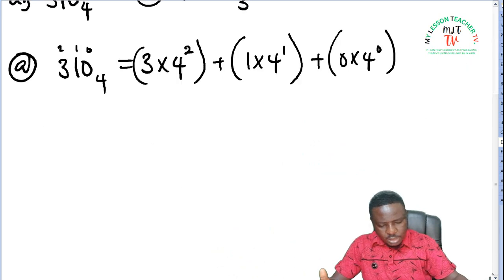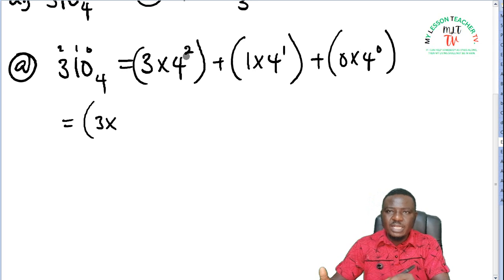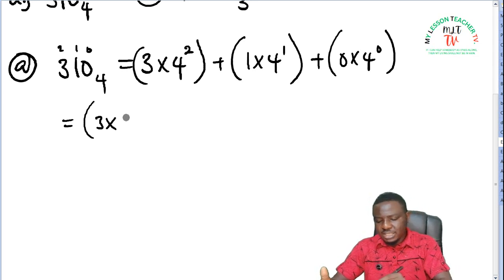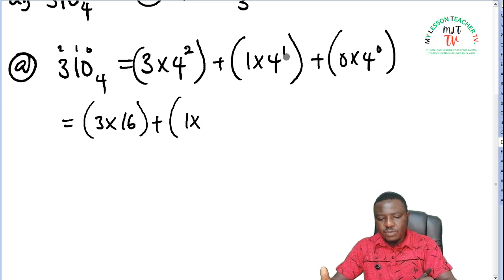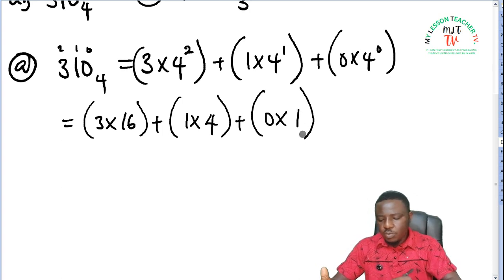so that this can be simplified further to be equal to 3 times 4 squared, which is 4 times 4, that is 16, plus 1 times 4 to power 1 is 4, plus 0 times 4 to power 0, which is 1.